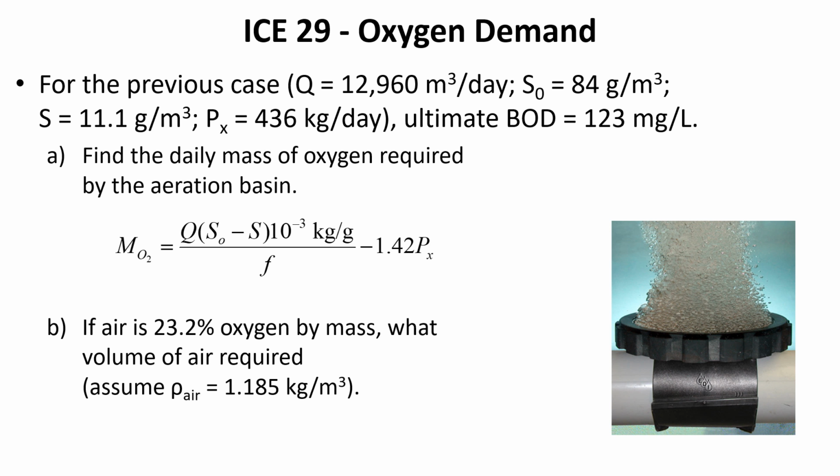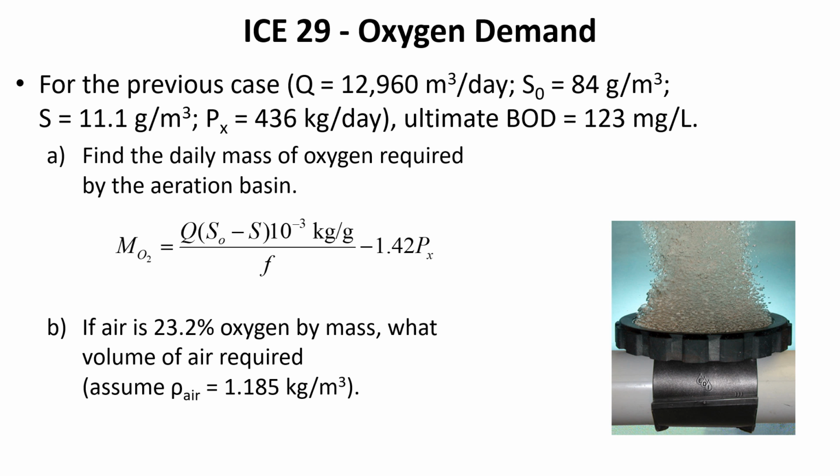And so how much air do we need? Well, if we need 764 kilograms of O2 per day, and divide that by 0.275 kilograms per cubic meter, then we need 2780 cubic meters of air required.